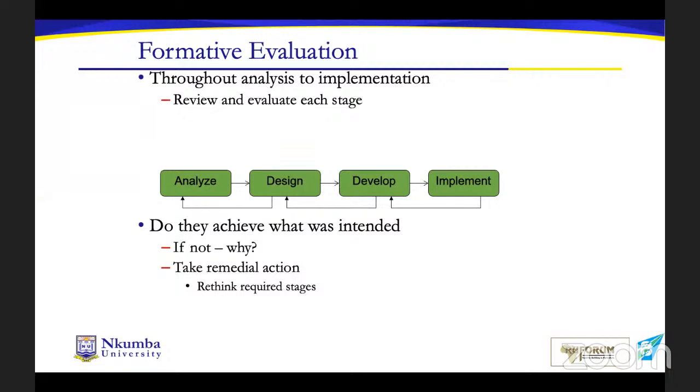Don't forget to do evaluations at each particular stage. Each time, review after analysis, design, and development. Keep on reviewing and evaluating. Make sure you change here and there to allow improvements to happen.